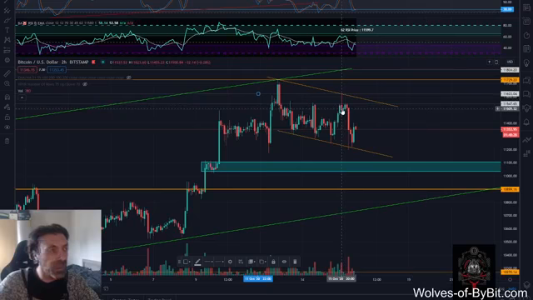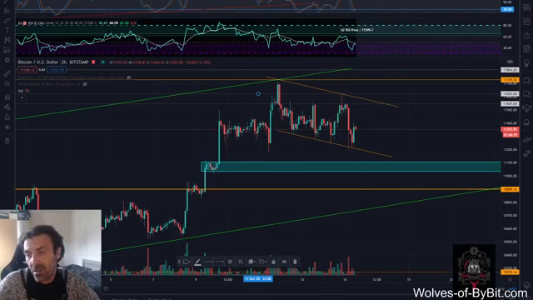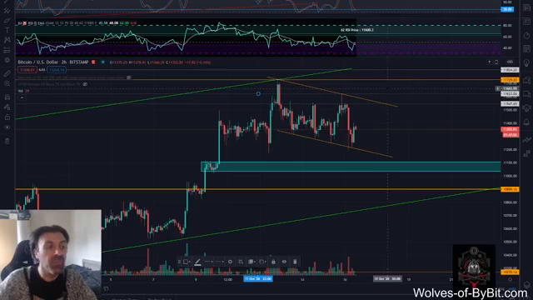The wick is at 11,623.6 on Bitstamp, and on Bybit, I'm going to look at my other screen for this, 11,626.5. So it's pretty darn close, just a few dollars in difference, so we're not going to quibble about that.